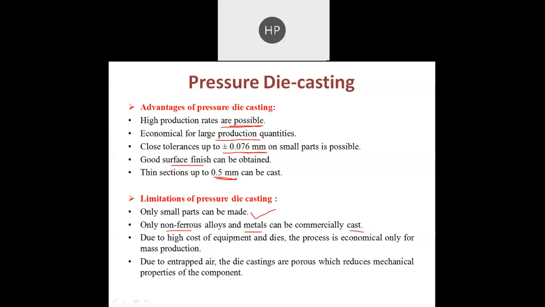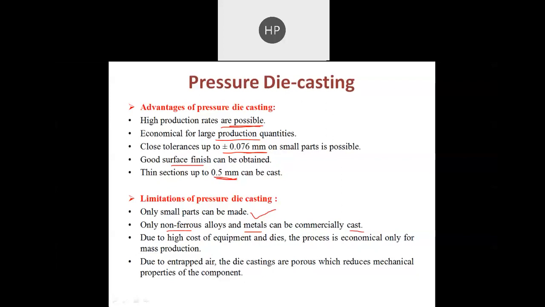That is the limitation, because high temperature metals require a big furnace or a higher melting temperature furnace, and when the furnace is an integrated part of the machine, it is very difficult to handle. That's why it is useful only for such casting metals and non-ferrous alloys.